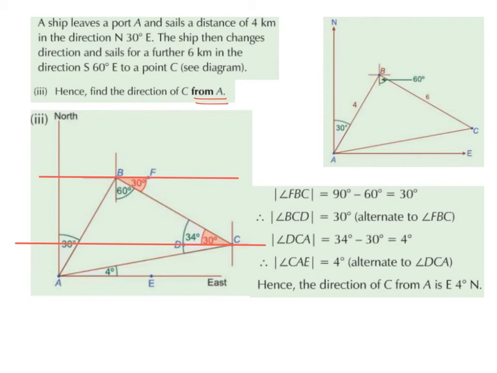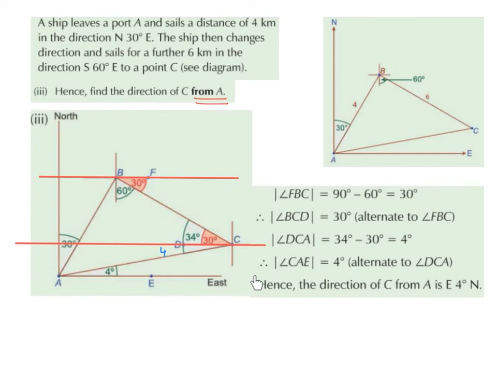Now in part 2 of the question, we found this angle to be 34 degrees. So if this is 34 degrees and this is 30 degrees, then 34 degrees take away 30 degrees is equal to 4 degrees. So this angle here is going to be 4 degrees. Now this line that I drew in is also parallel to the east line. So the line that goes from A through point E and continues on.